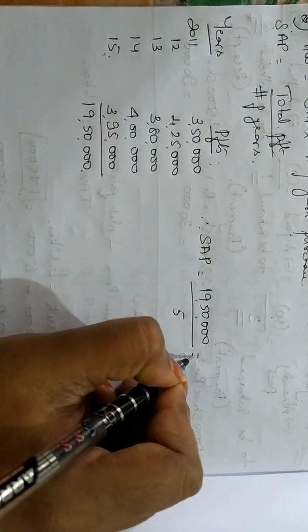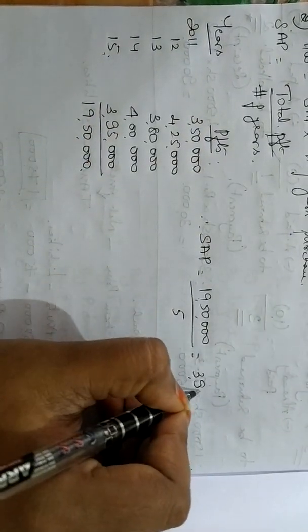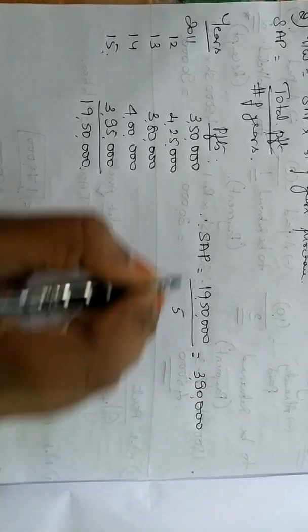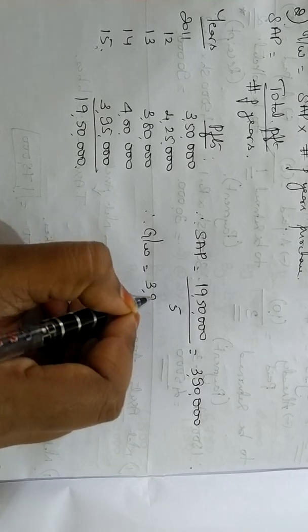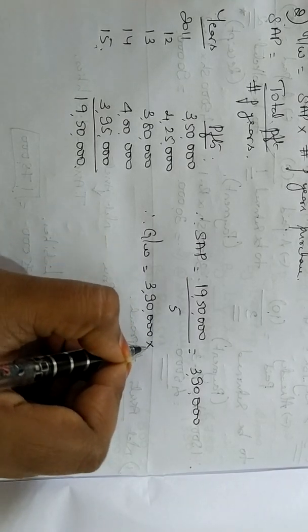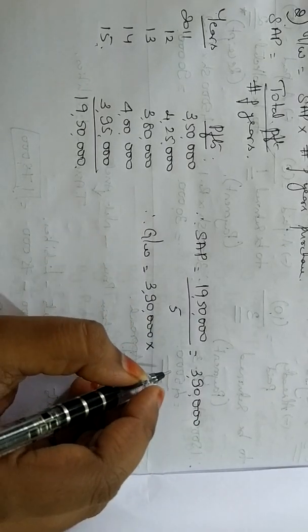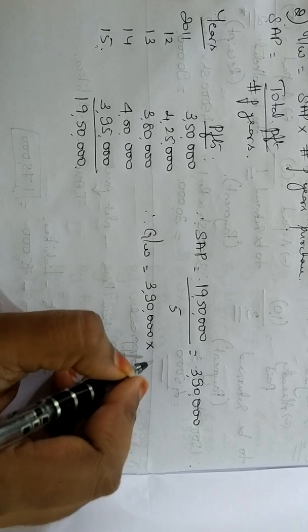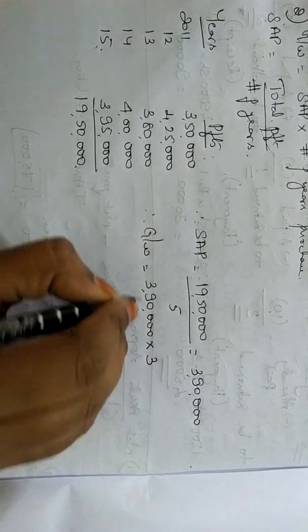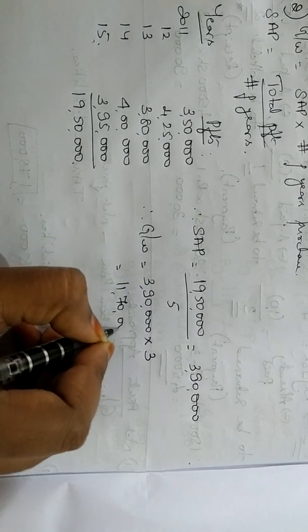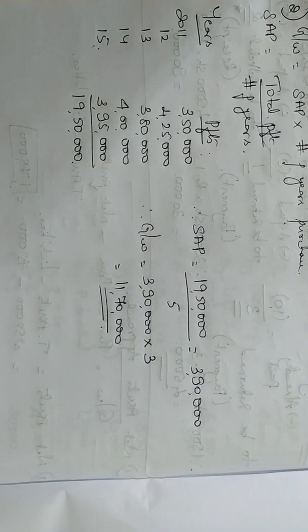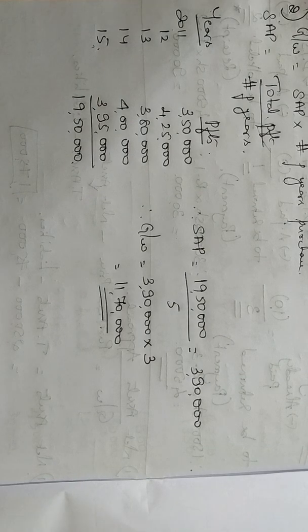So 19,50,000 divided by 5 is 3,90,000. That is your SAP. Therefore, goodwill is equal to 3,90,000 into how many years purchase? In the question they have told you 3 years purchase. So 3,90,000 into 3, my goodwill value is 11,70,000. That's all in the problem.